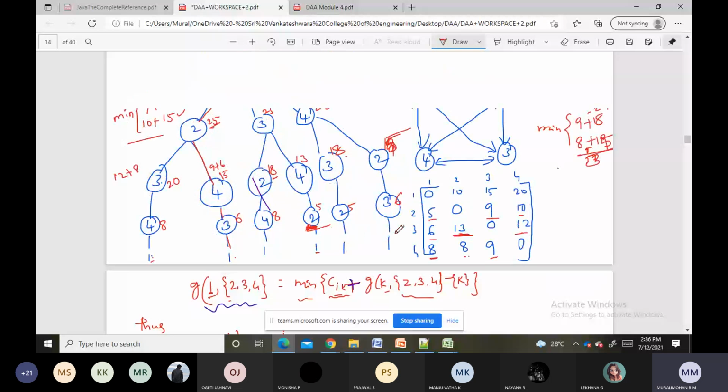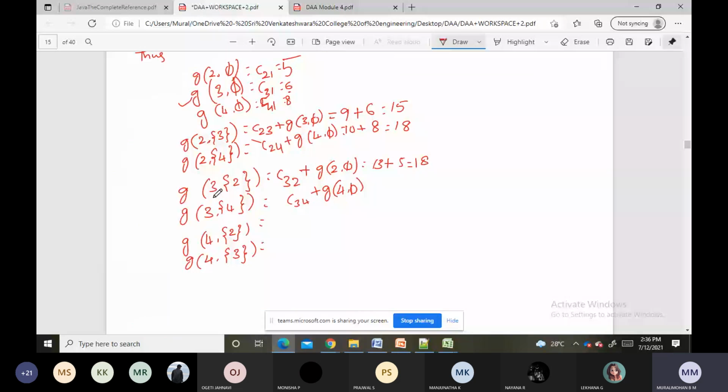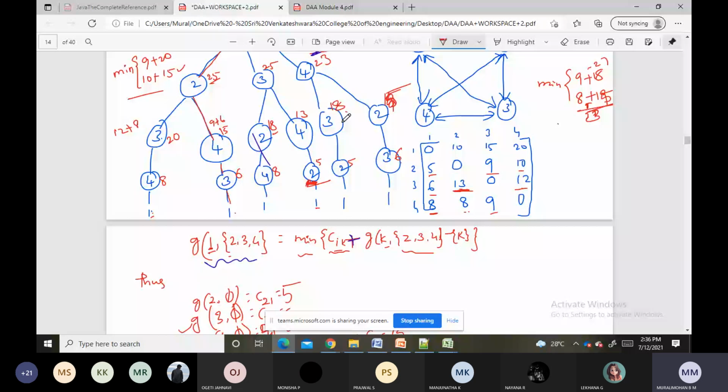Suppose we are at G of 3 to 2, means we are going 3 to 2. One is this path, 3 to 2, 2 to 1. The other one is 3 to 4, 4 to 1. So here we should get 20 and here we should get 18. One we got 18. Let us check whether we get this 20.